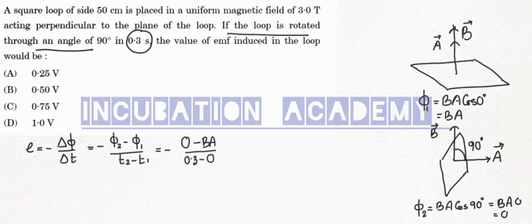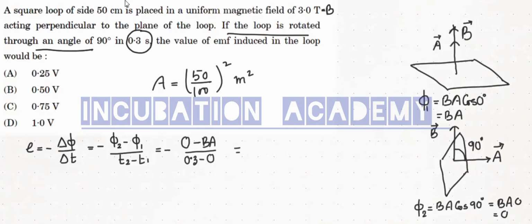The magnetic field is 3 Tesla, and the square loop has a side of 50 centimeters, so we need to calculate the area. It is 50 divided by 100, whole square, in meter square. Let us put the values.